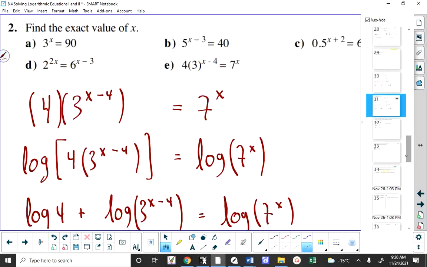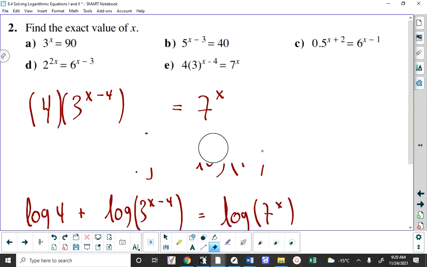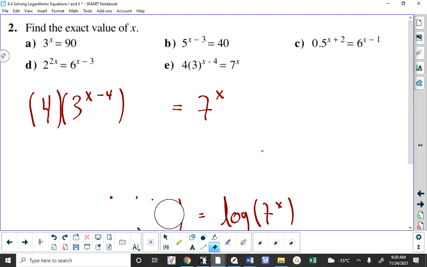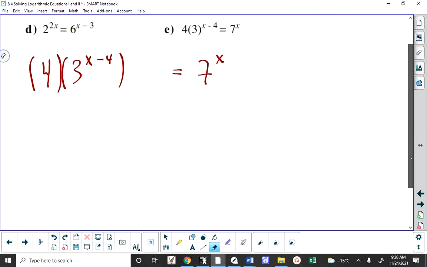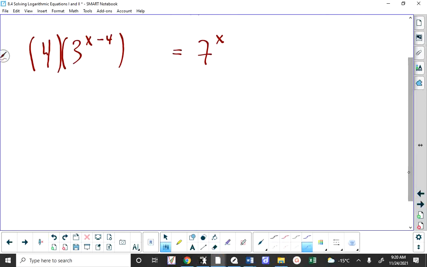What some of you might decide to do is, before you get started taking logarithms of both sides, you might say, well, I'm going to divide both sides by 4 to clean that 4 out of there. And that's okay. It's not really a problem, but the thing that you should notice is that when you get rid of that 4 on the left-hand side, you're stuck with it on the right-hand side, right?